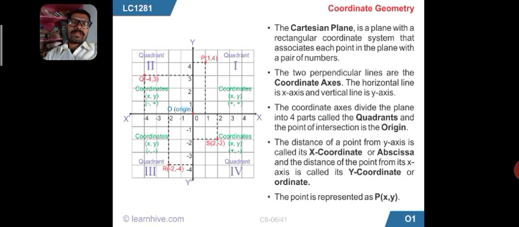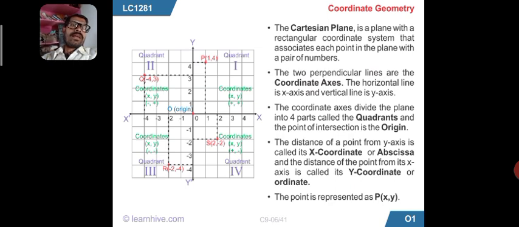Let me explain about this coordinate geometry, or something introductory about plane geometry. The Cartesian plane is a plane with the rectangular coordinate system that associates each point in the plane with a pair of numbers. You can see here all these squares represent one unit.